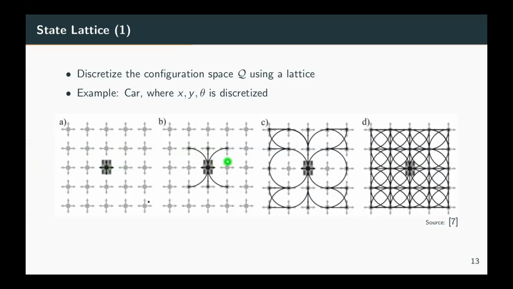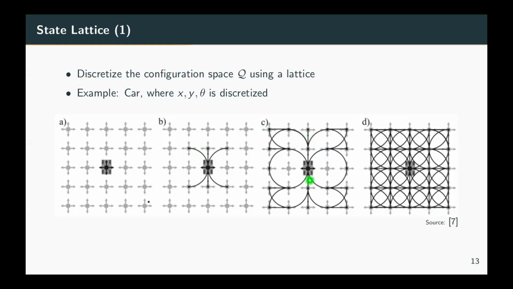Here in this example we have 6 motion primitives, which means the car can always go straight forward or straight backwards, or it can do a left turn and a right turn. Every time it does a left turn or a right turn, it will also change the theta angle of the configuration to fall exactly again in the grid.